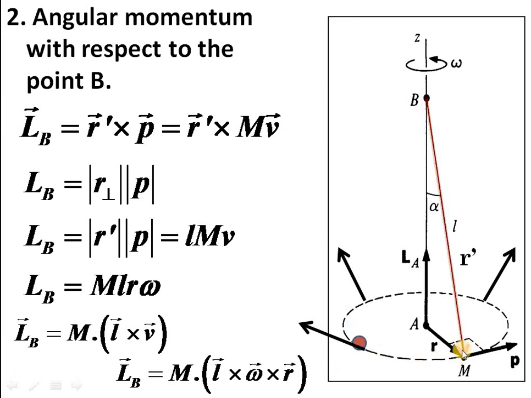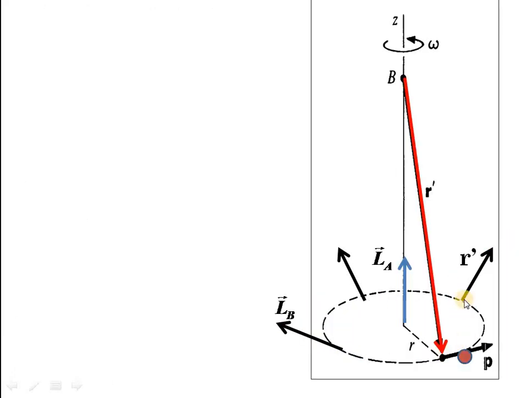And omega is upward. So omega cross r will be tangential to the radial path. That is V. And when you take the L cross V, you can see that it is always directed as shown in the figure. Even here you can see it is directed in a particular way.